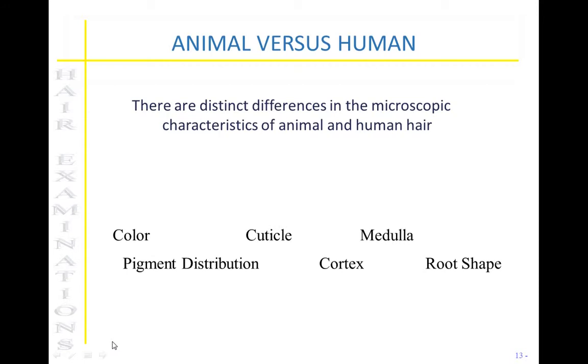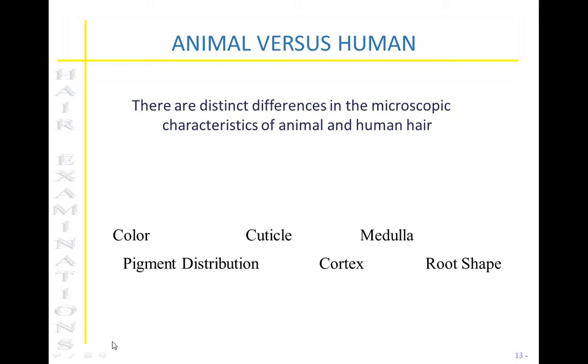The cortex diameter of animal and human hair also varies greatly. With human hair, the cortex is going to be the majority of the hair itself in diameter. With animal hair, at times the cortex can be very small, with the medulla taking up a lot more of the space of the hair shaft.